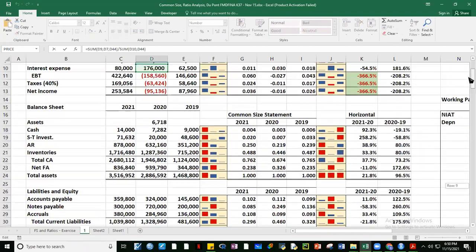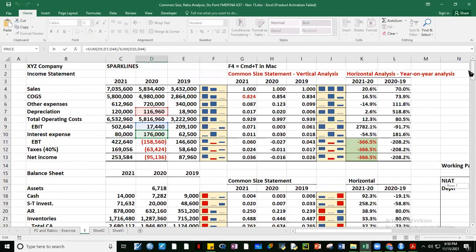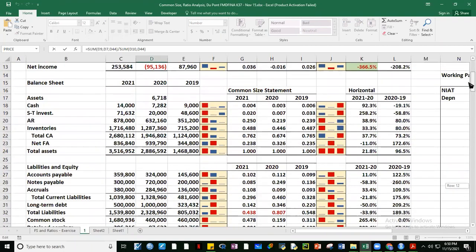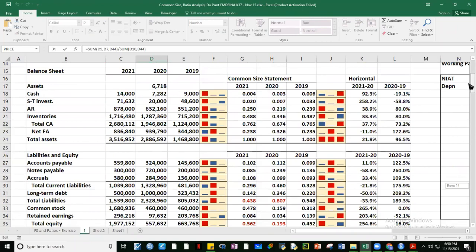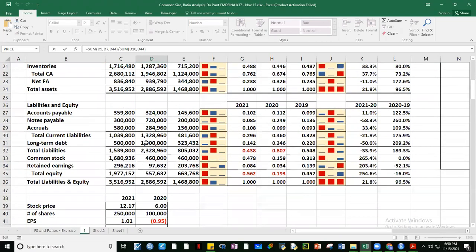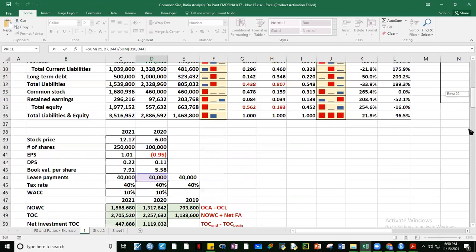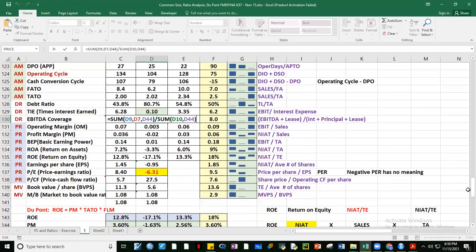Walang principal payments between 2019 and 2020. Okay, from 323 tumaas siya, naging 1 million. Kung bumaba yan, guys, nagbayad din tayo, so kukunin natin difference yan. Ganoon din dito sa dulo. Wala din tayong sinama dun sa principal payments.